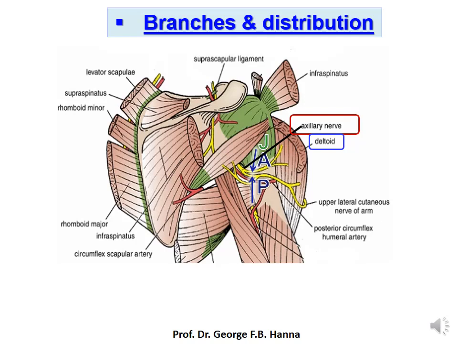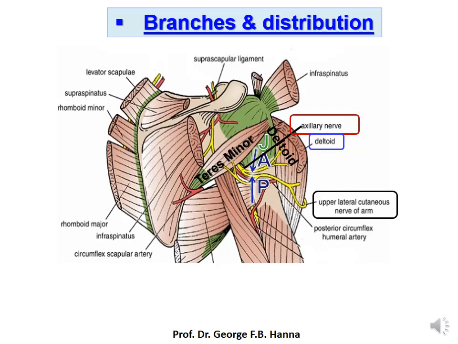You can see a recurrent branch going to teres minor, and then it terminates into deltoid. After supplying the deltoid, it gives rise to this cutaneous branch, the upper lateral cutaneous nerve of the arm, marked by this rectangle in black.